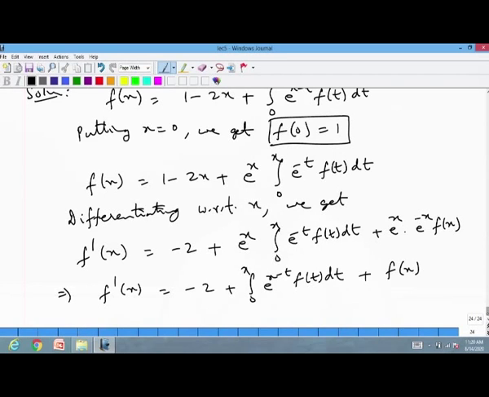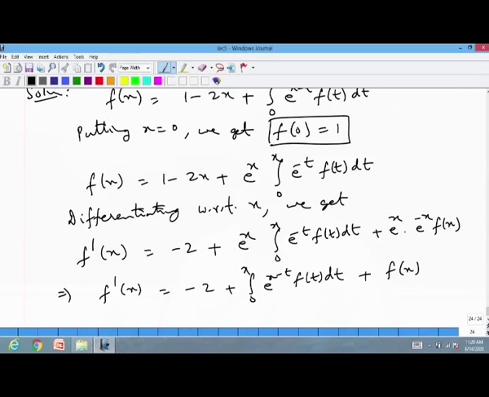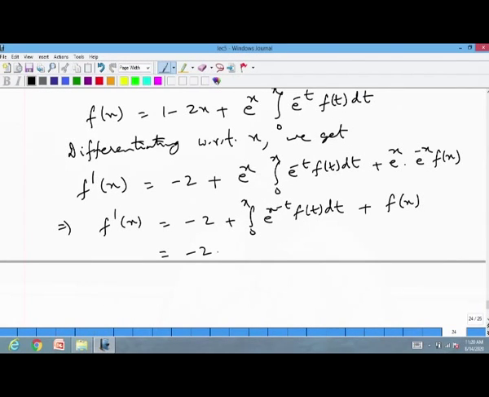Now, this integral is nothing but f x minus 1 plus 2 x. So, this I will write as minus 2 plus f x minus 1 plus 2 x, and then we have plus f x.